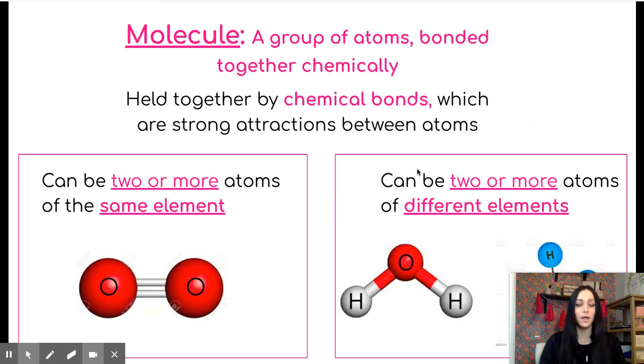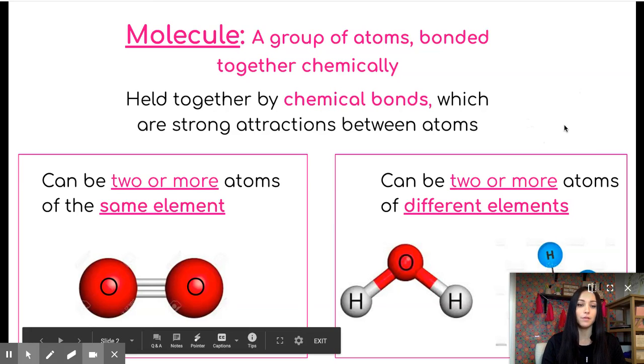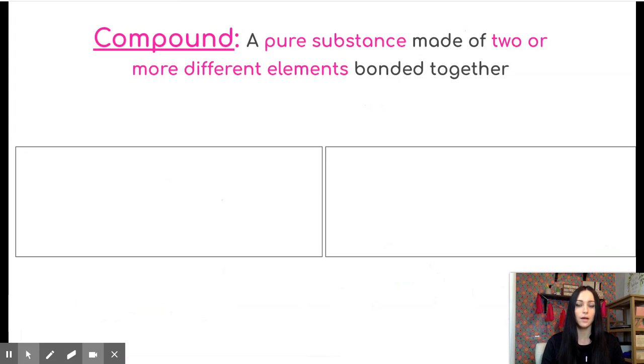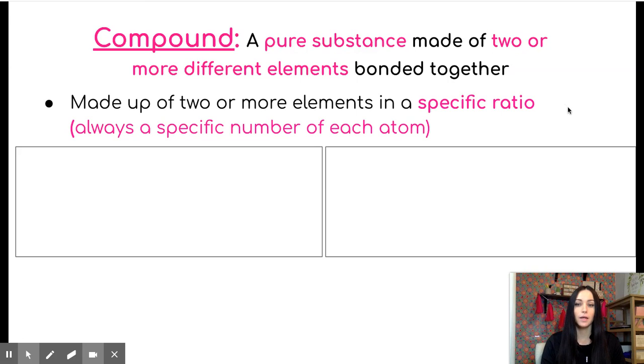When we have a molecule that is made up of two or more different elements, we call that a compound. A compound is a pure substance that is made of two or more different elements bonded together chemically. A compound is made up of two or more elements in a specific ratio.